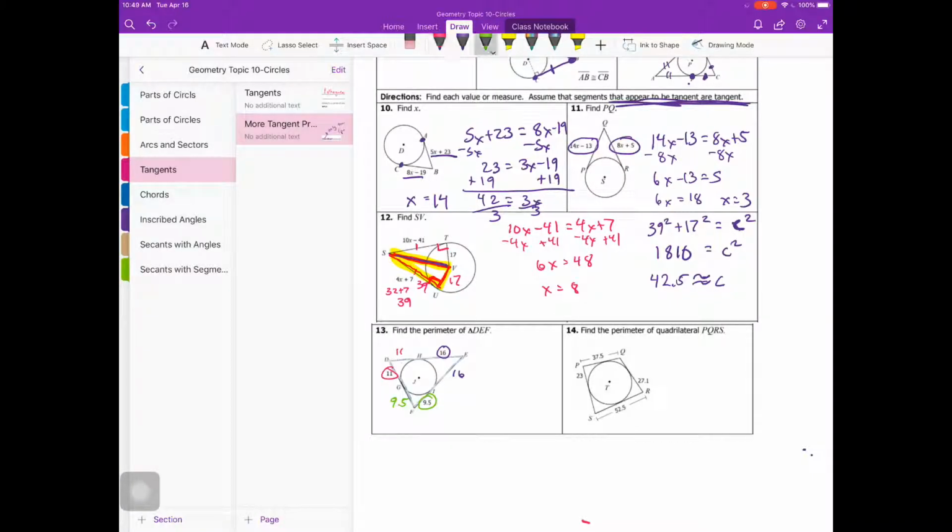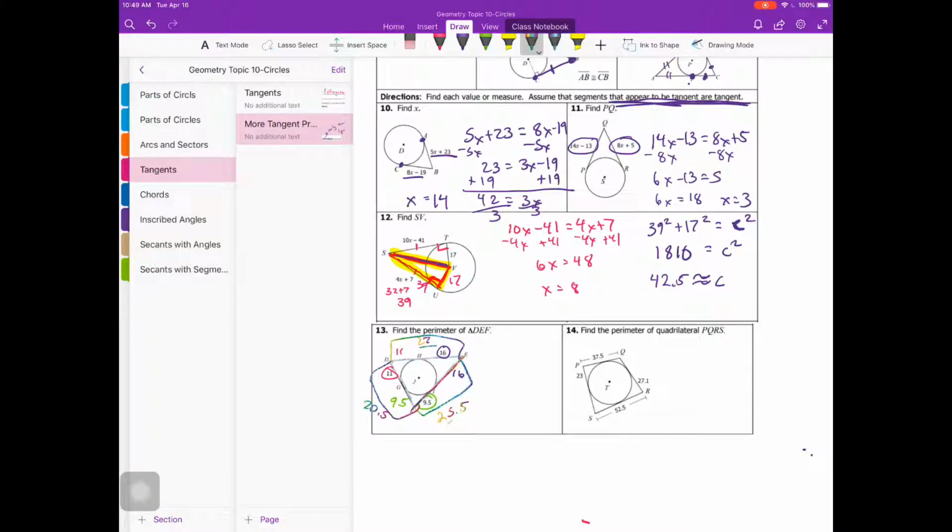And so then we're going to add all of our sides together. So this side here is 16 plus 9.5, which is 25.5. And then 11 plus 9.5 is 20.5. And then this side is 27.